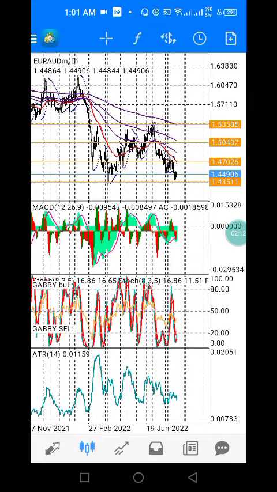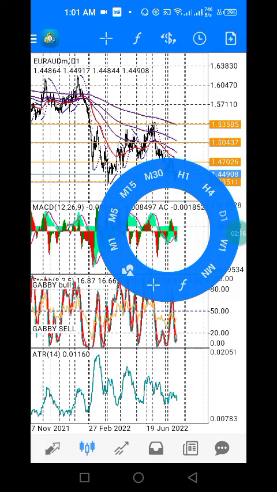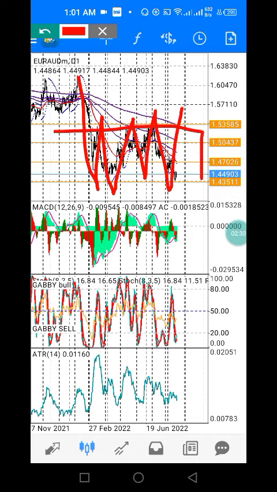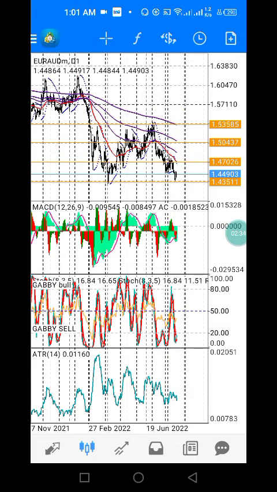Within these zones, there were multiple market rejections, as you can see right here.